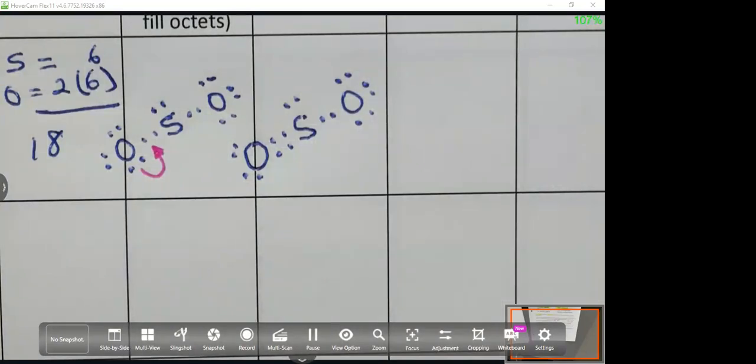Sulfur happy. Everybody's happy, except for the rest of us. Here's the problem.